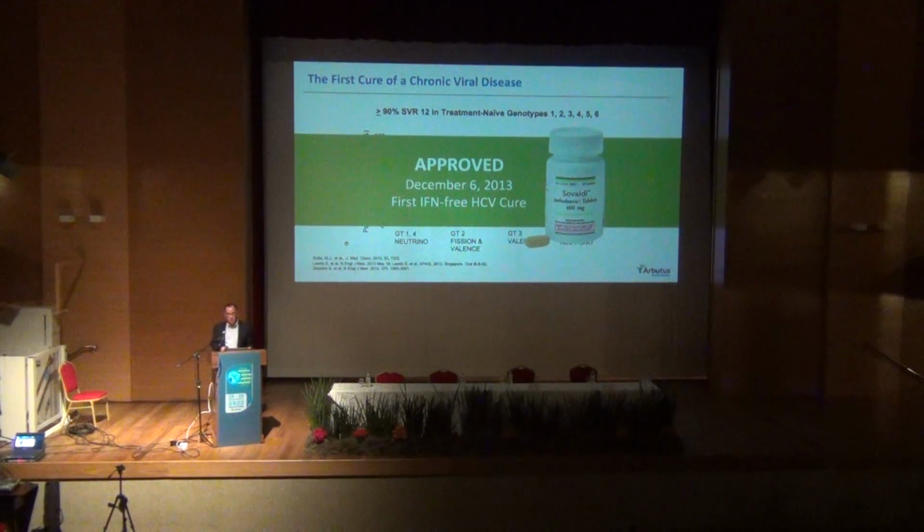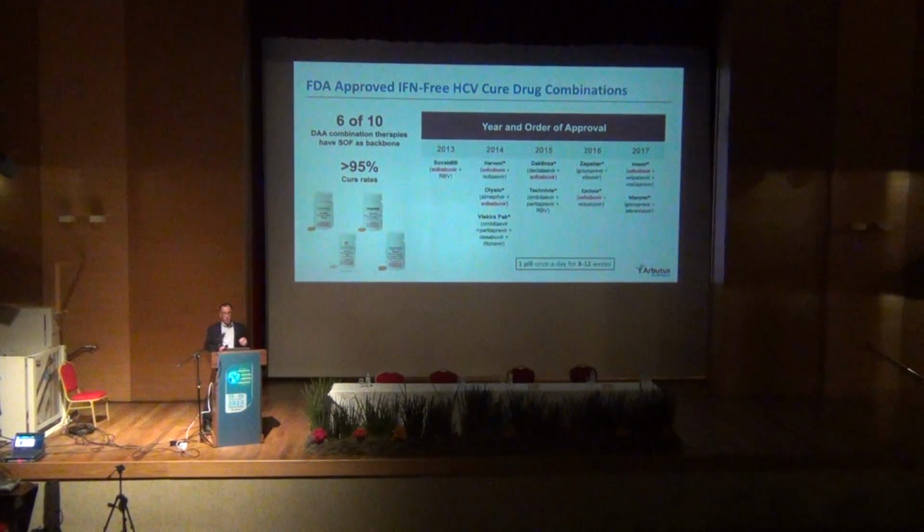Now that wasn't the end of the story, because it worked well in genotype 1, but wasn't the best. And so this drug was ultimately combined with an NS5A inhibitor known as ledipasvir to launch what is now known as Harvoni. And a number of other drug combinations followed, with sofosbuvir as what is known as the backbone of therapy.